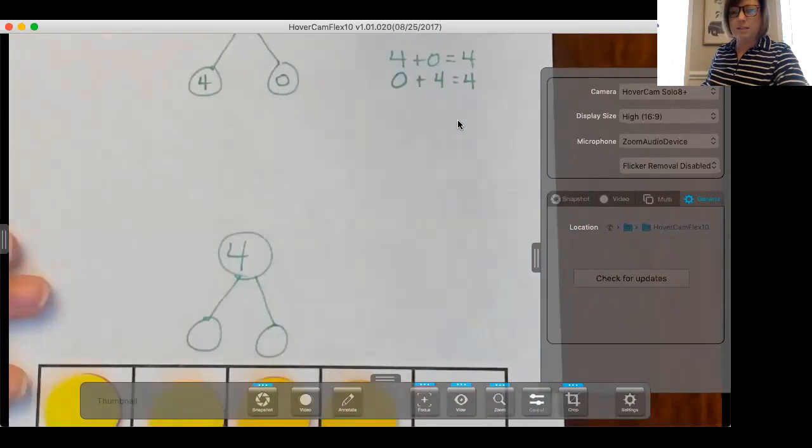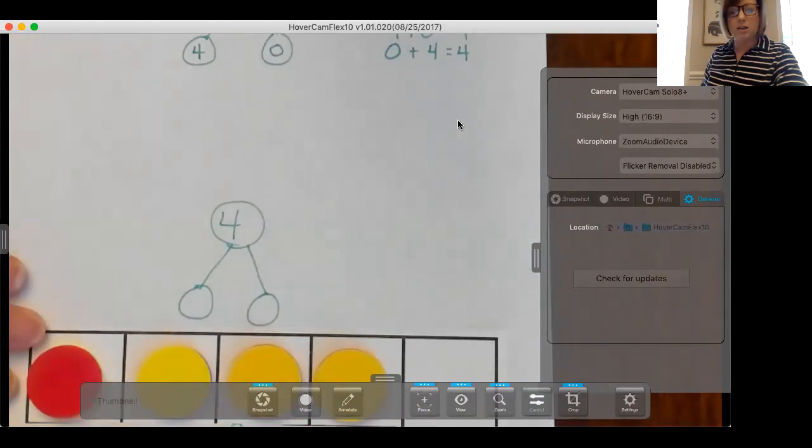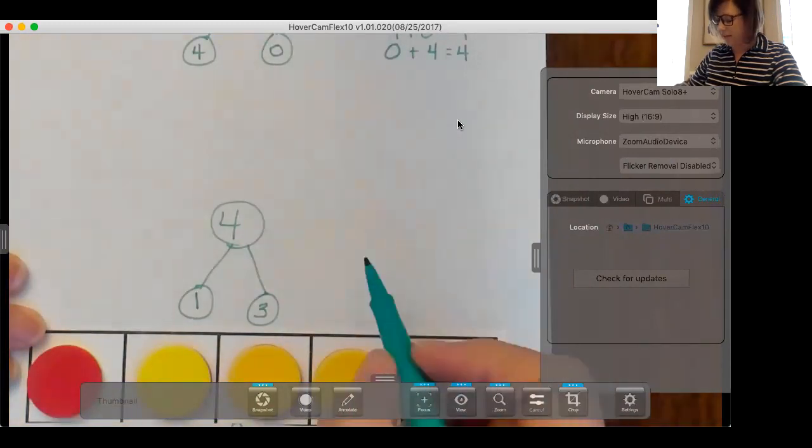Now, let's flip over 1 red. 1 red and the rest are yellow. So what would go in my number bond here? 1 red and how many yellows do you see? 3, good. 1 and 3 all together are 4, and that's adding, friends, that's adding.